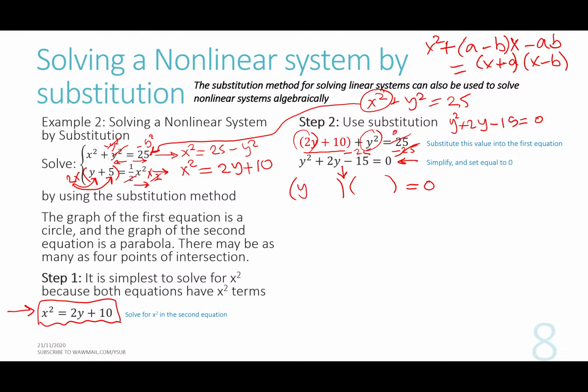In this case 3 minus 3 is 0, and here y equals minus 5, because minus 5 plus 5 is 0. In this case the right side is going to be equal to the left side.